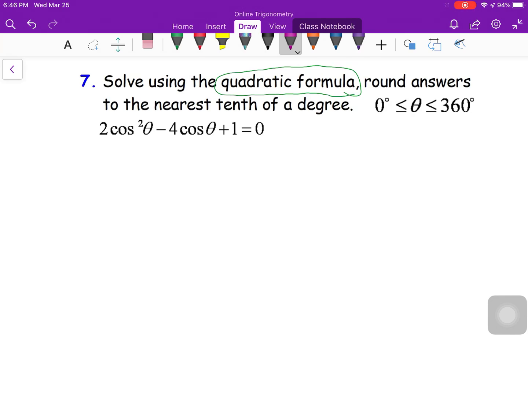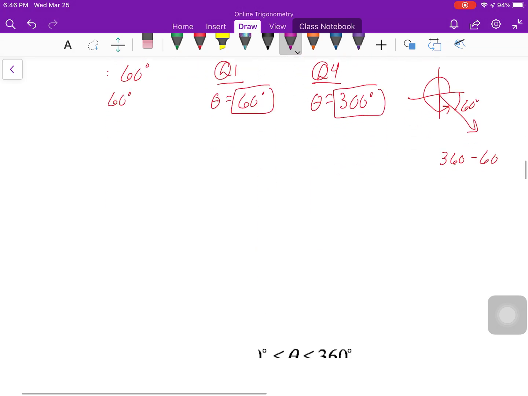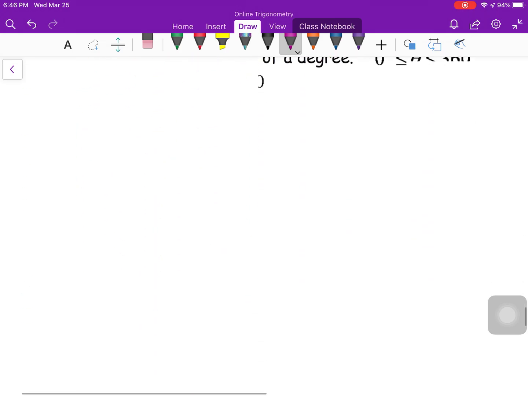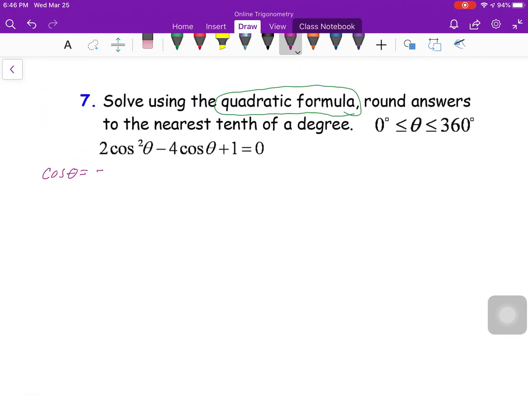The unknown is cosine theta, so I'm going to have cosine of theta equals, now negative b will be the negative of -4, because b is -4, and then plus or minus the square root, and then b squared would be -4 squared minus 4 times the a times the c, and all of that, every bit of it all the way to the front, is divided by 2 times the a.